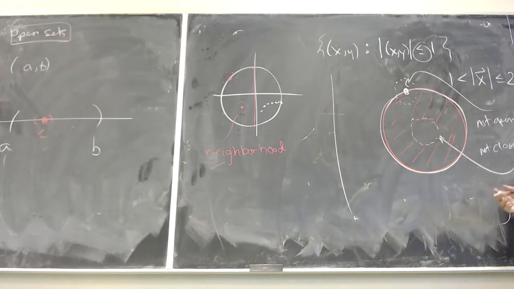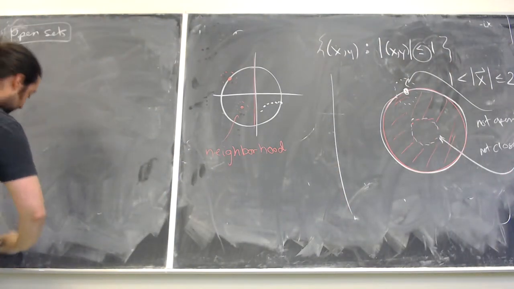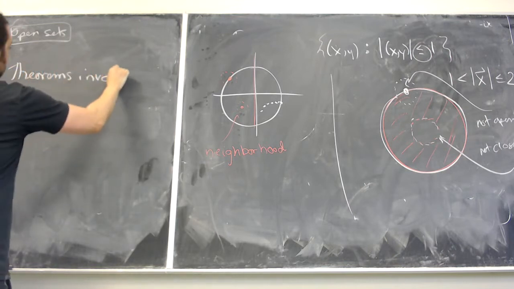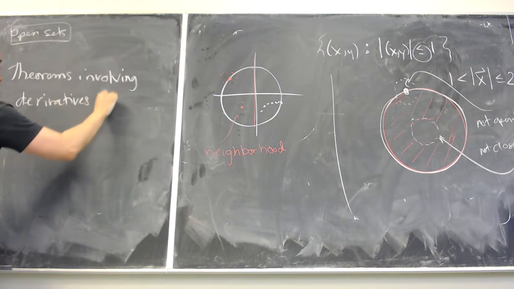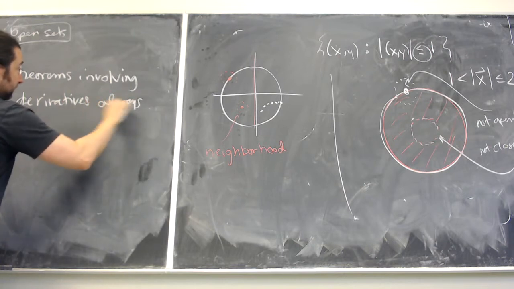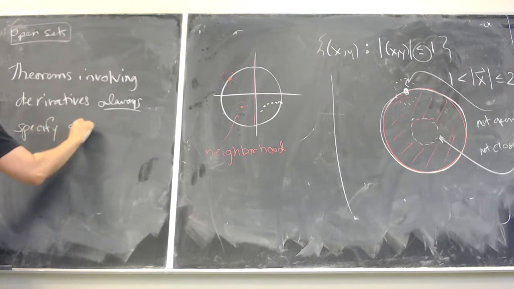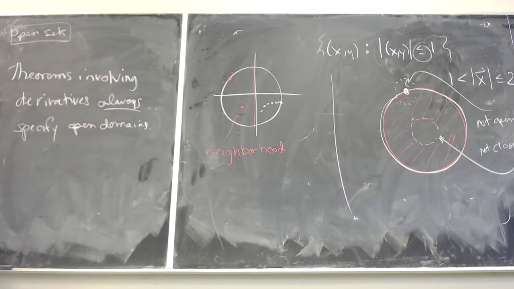Now, why go through the trouble of introducing these ideas? It's going to turn out to be the case that the theorems involving derivatives, and there's going to be a lot of them, pretty much always specify open domains. We're talking about limits, right?